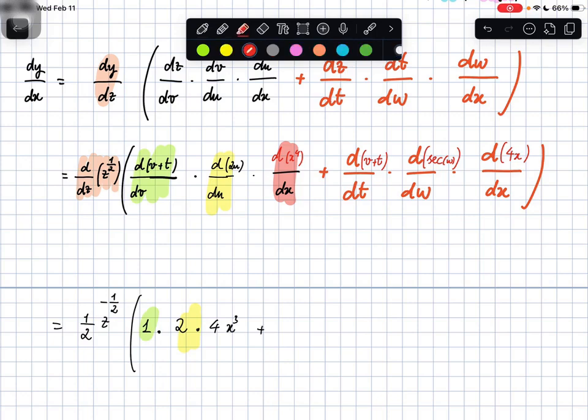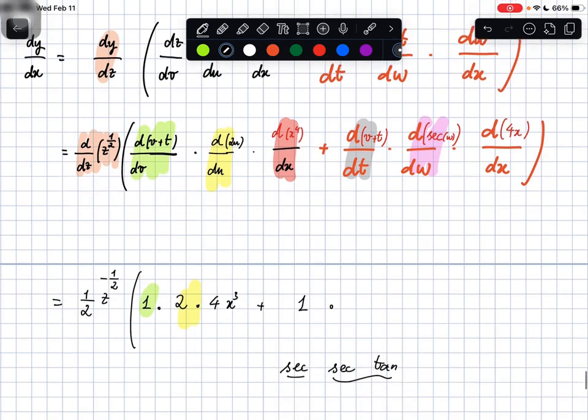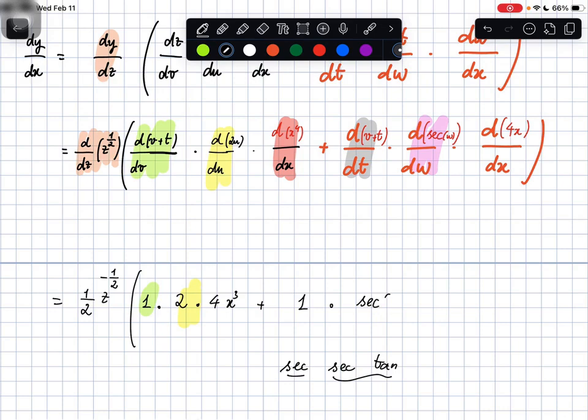The next one gives us 1. The next one is secant prime, so secant times tangent, secant omega tangent omega. And the last one, d of 4x over dx, is 4.